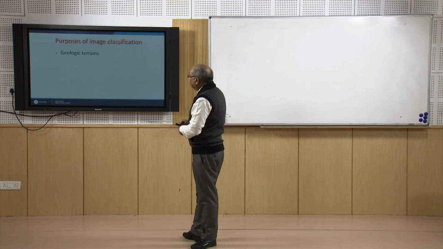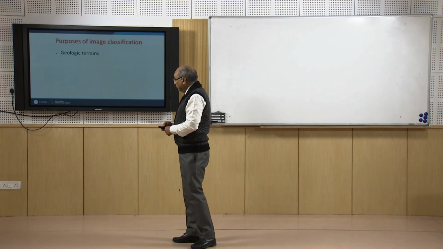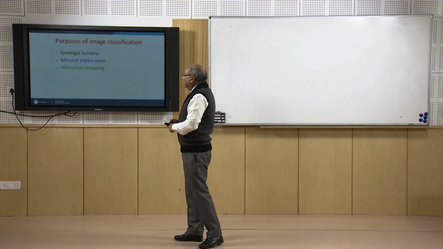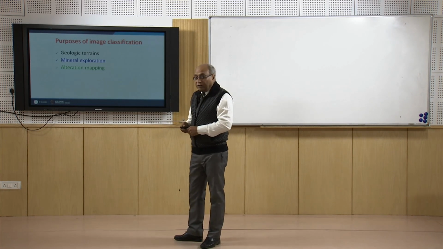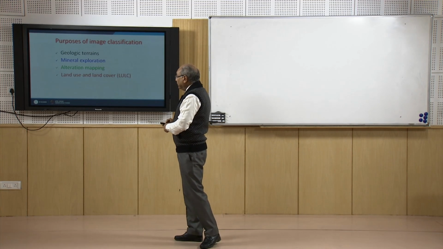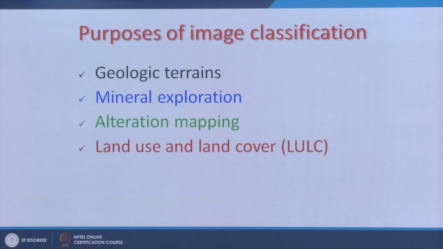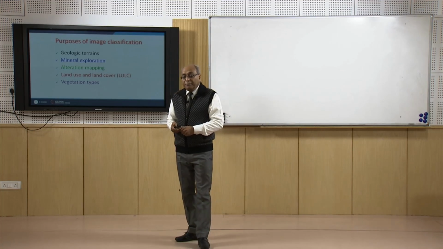Ultimately, we go for image classification for lithological mapping, for mineral exploration, maybe for alteration mapping to find mineral deposits, or a very popular application of image classification, land use and land cover, LULC in brief, maybe for vegetation types, based on density or species type.